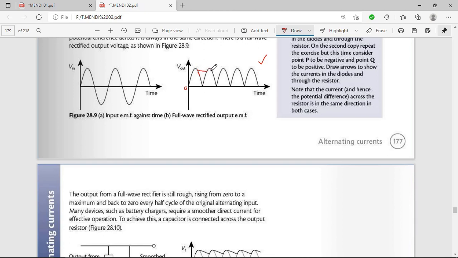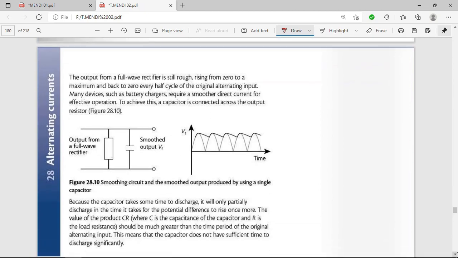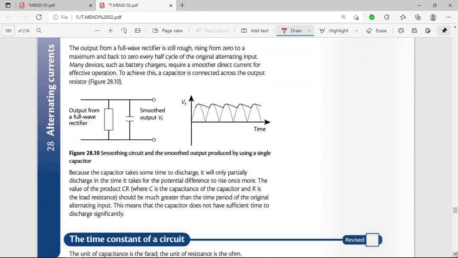Then at the moment when it is about to fall down, the capacitor will discharge, and you obtain this graph in this form. This one is the smoothed. I'm saying smoothing circuit, and then the smoothed output produced by a single capacitor. So it's how a capacitor works.